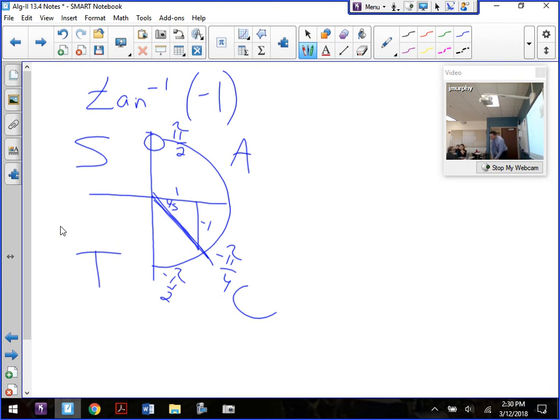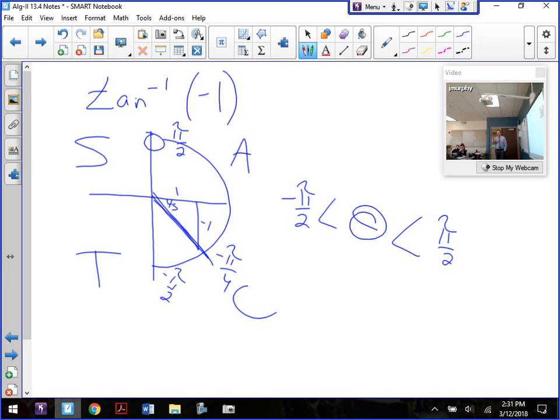Yes, ma'am. I put negative 45 because remember, when you're searching for theta for this case, theta for tangent is smaller than pi over 2, but greater than negative pi over 2. So that's why I say it's a negative 45 or negative pi over 4.